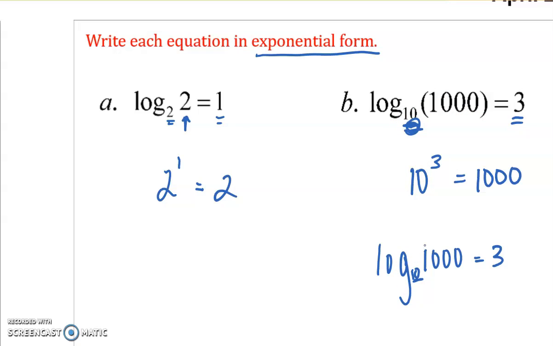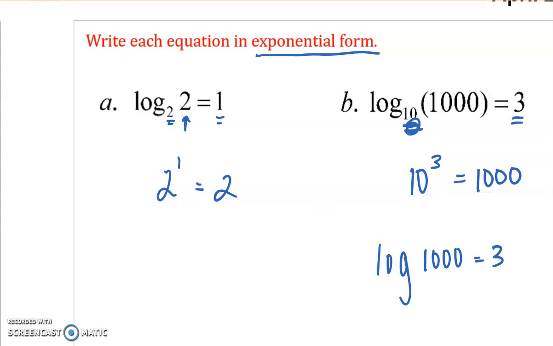Because it's so popular in the science world, anytime they write a log without a number, then it's always base 10. So even though it's on here, you will see from here on out that most likely it would look like that. And that shows you that it is base 10.